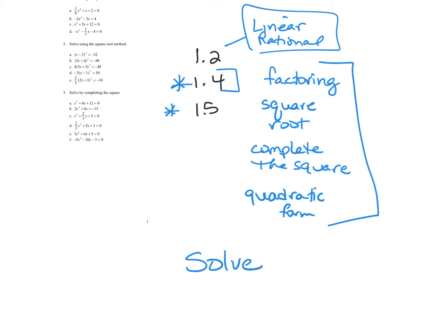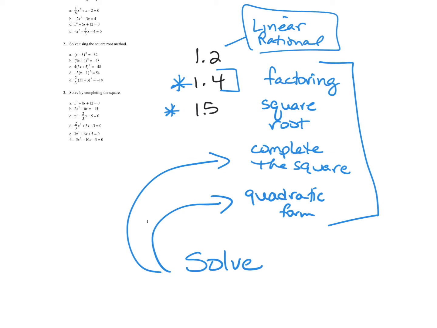So if it says solve using quadratic formula or solve using completing the square, you must solve the problem that way. If you solve it using any other technique, you get it wrong, even if you get the right answer. Pretty clear on that?